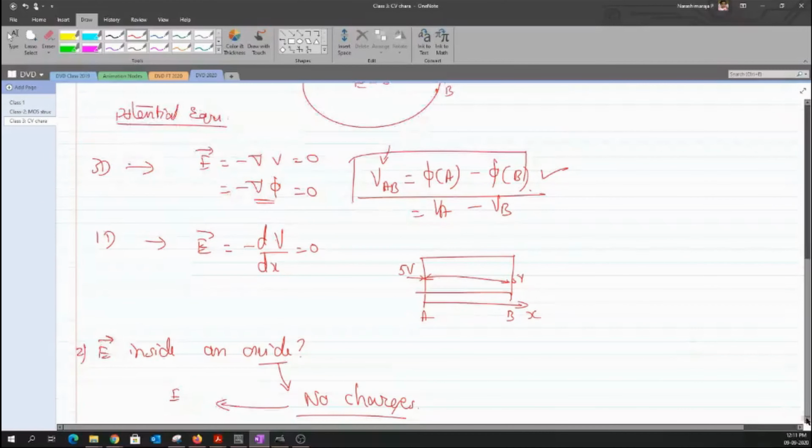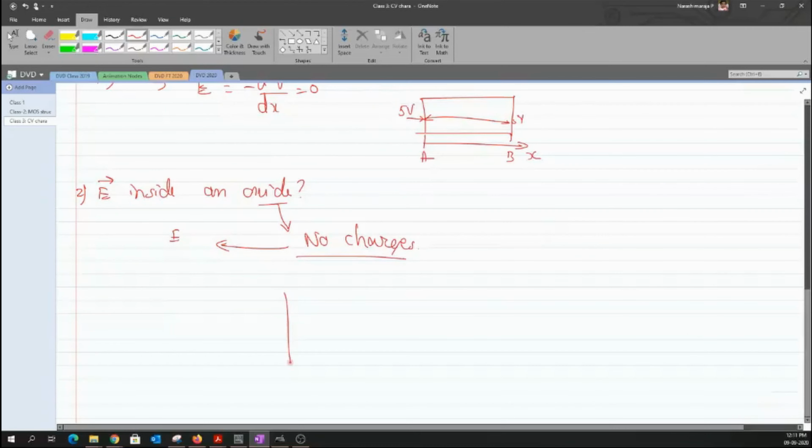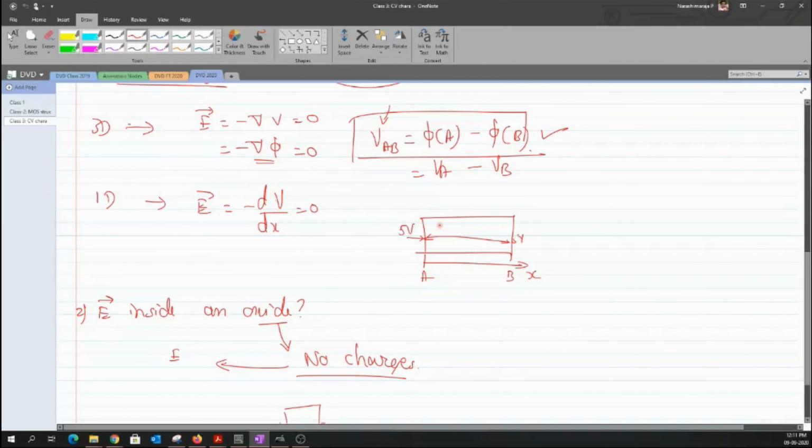An oxide is a kind of dielectric medium. Whenever I have some positive charge on one side of the oxide, I can have a negative charge on the other side. May not be inside, but I can have the charges around them, different charges.